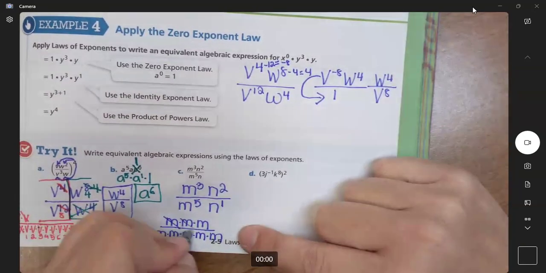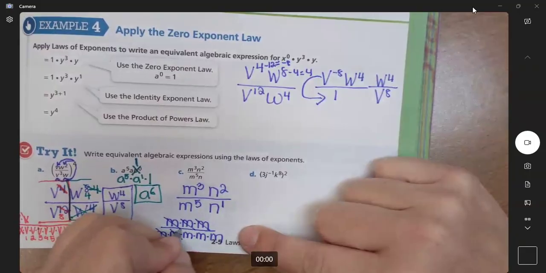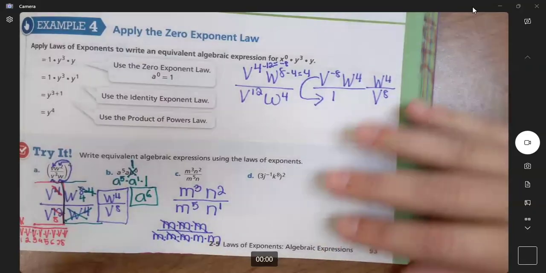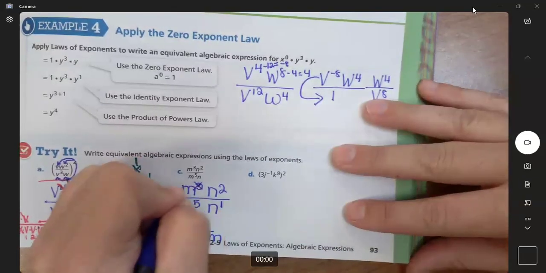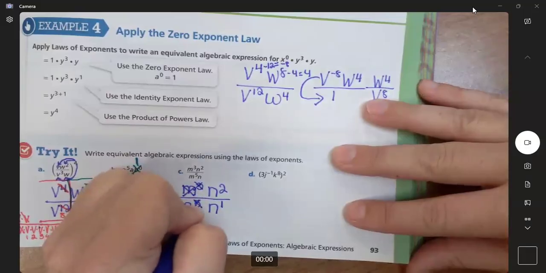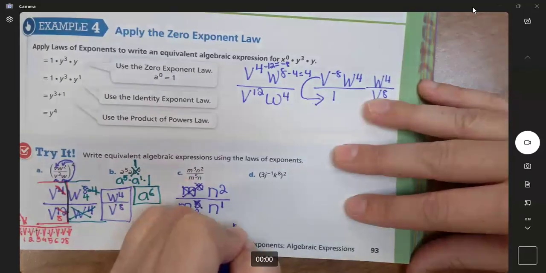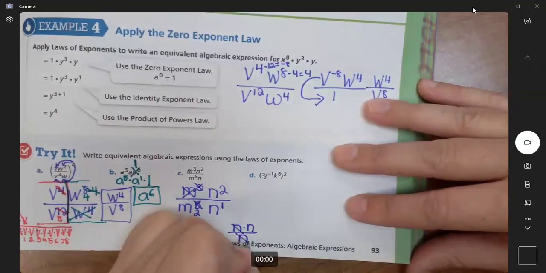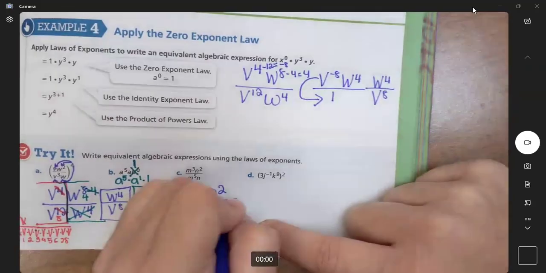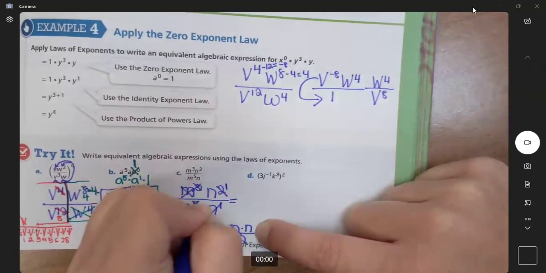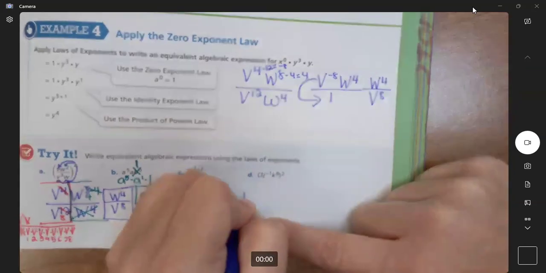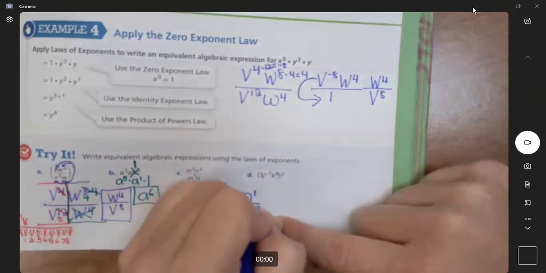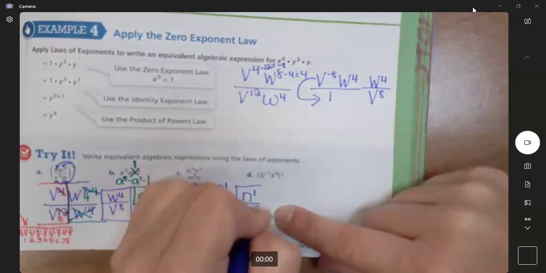That cancels. That cancels. 1, 2, 3. So I know I'm going to have 2 M's in my denominator. So that these all go away. And that goes away, and there's 2 left. And then I have 2 N's, N times N over N. And that cancels. So I'm going to have 1 N in the numerator. So that's a 1. That's a none. So now I have N1 over M2. And you are donezo.